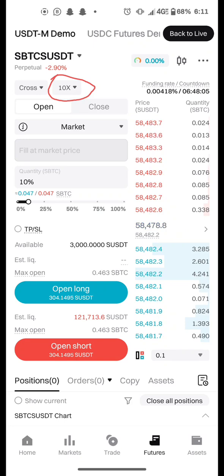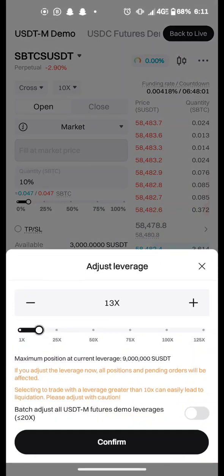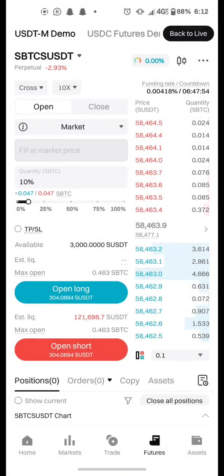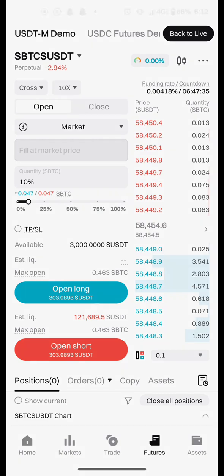As you can see, we can use leverage up to 125x. Do you get that now? It will multiply that money for you. The more leverage you use, the more money you can make, the faster you make the money and the faster you can lose it. So you have to use your senses when using leverage.